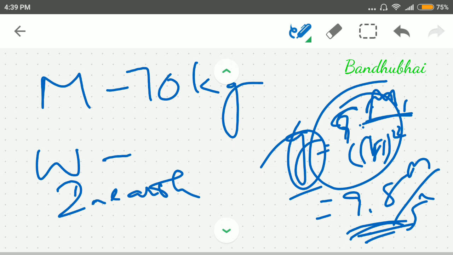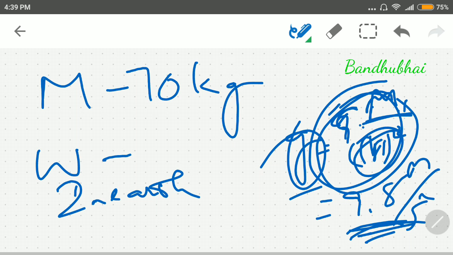It is stable. We know that this is the gravitation on earth, 9.8 meter per second square. So we multiply 9.8 meter per second square with m2.